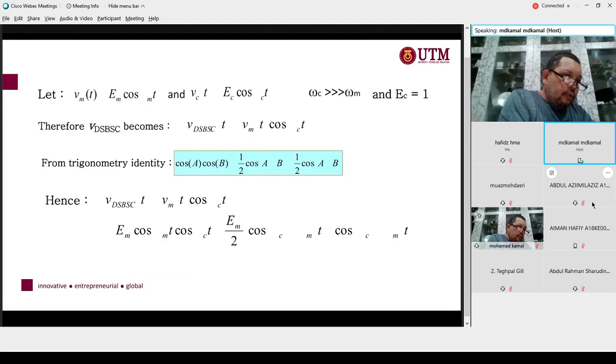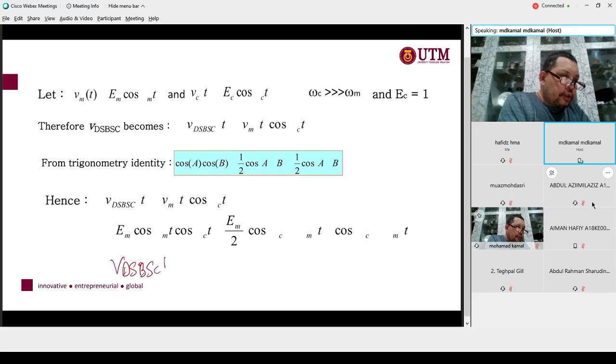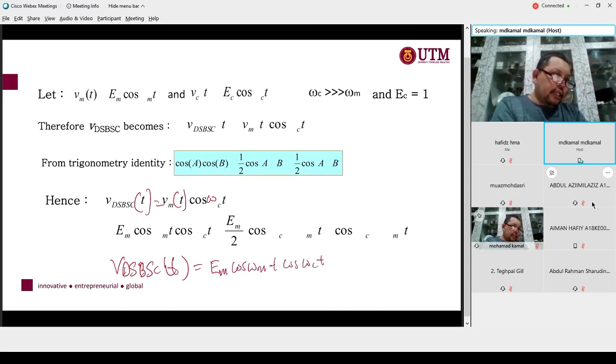Let's say we want to find V_DSBSC, which is equal to V_m(t) cos ω_c t, where V_m(t) is E_m cos ω_m t. So you have E_m cos ω_m t cos ω_c t here.